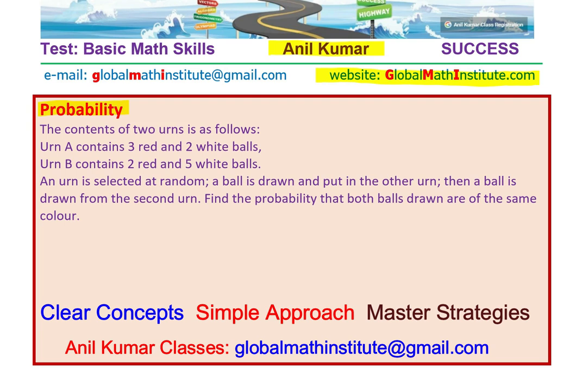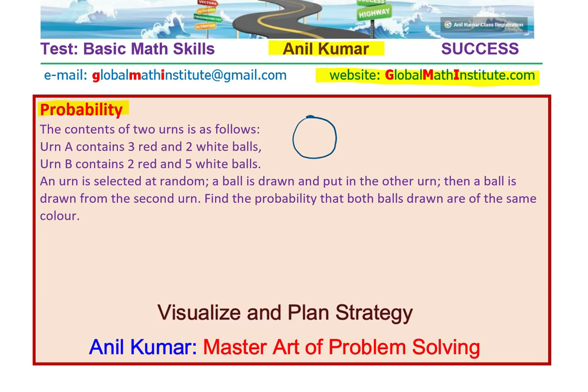So we are going to solve it using a tree diagram. Let's say we have these two urns. Urn 1 has 3 red, let me write it as 3R, and 2 white.